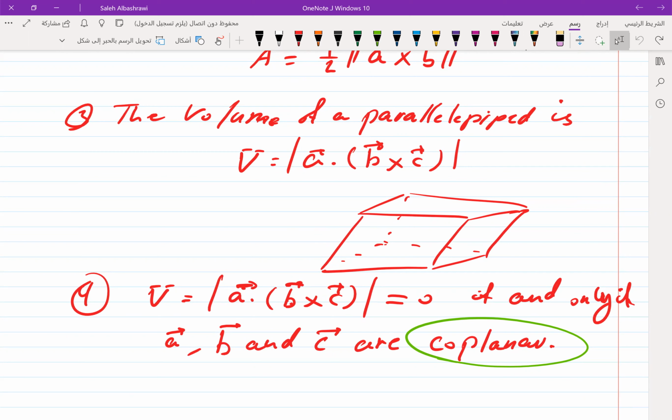Today we are going to give examples about these rules or formulas.